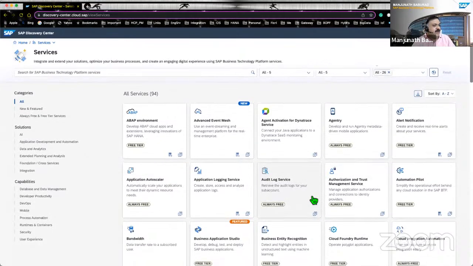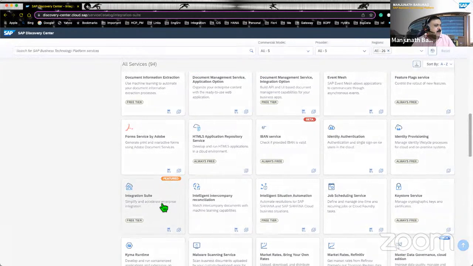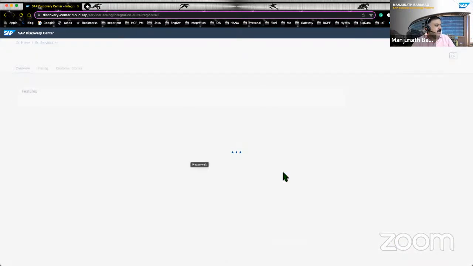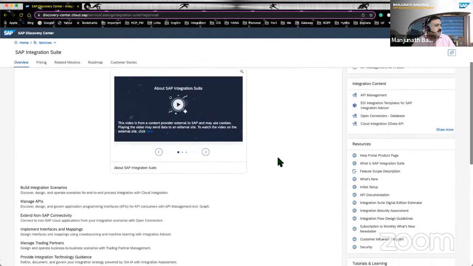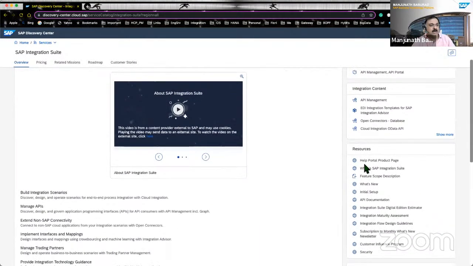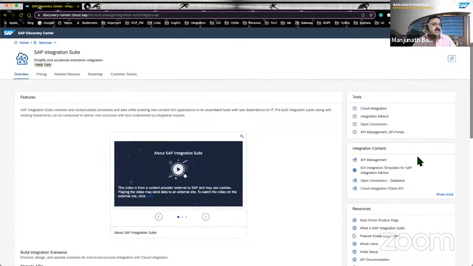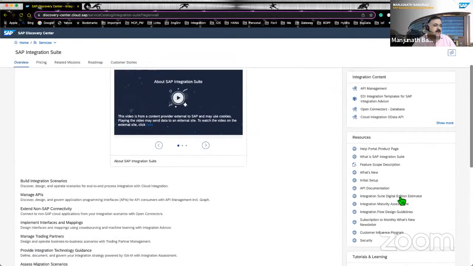And if you get into one of the services, let me go to the integration suite, I can see that I get an overview of the service. Then I can get some features of the service. I get links to the help portal or documentation pages, interesting links which can already take you to understand the integration suite a little bit better. Some tutorials are also indicated here. Tools are also linked here.